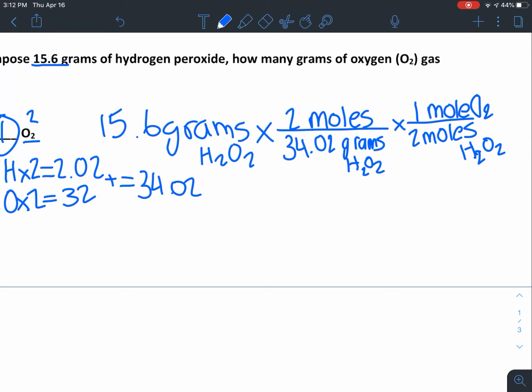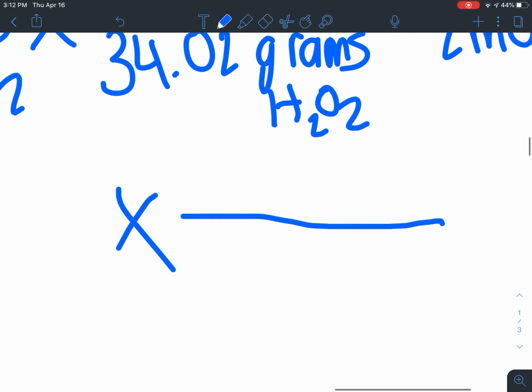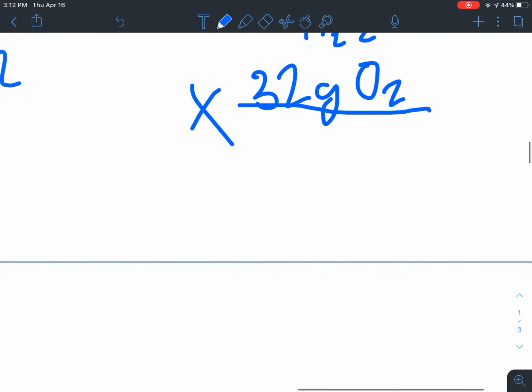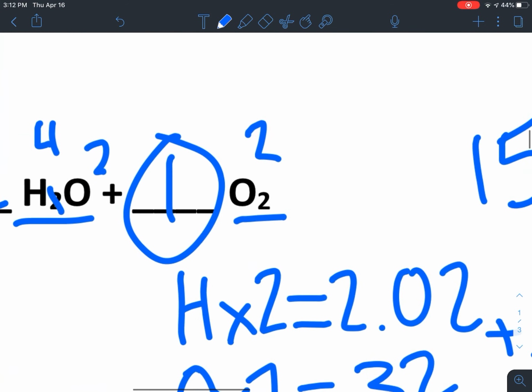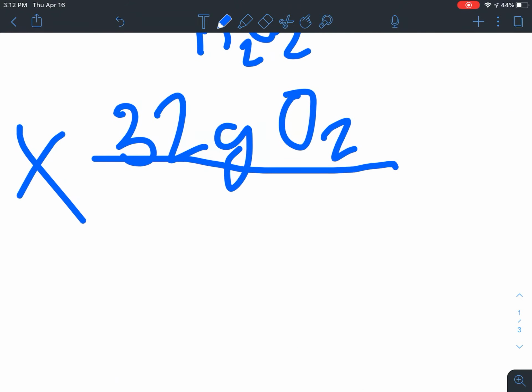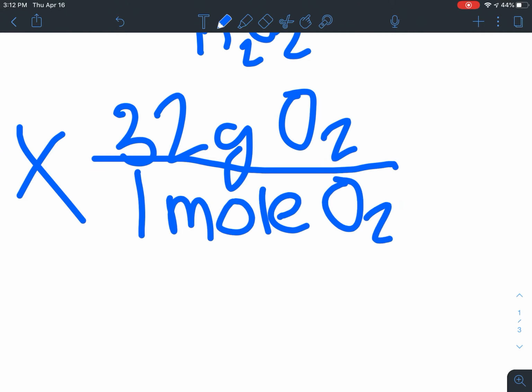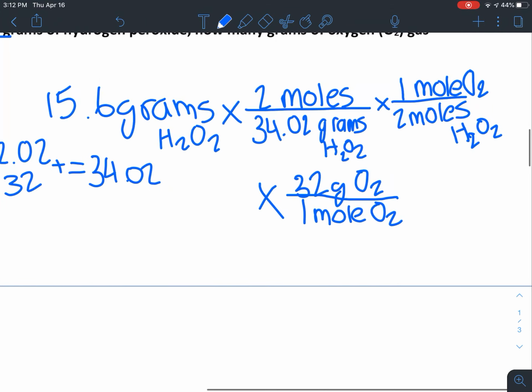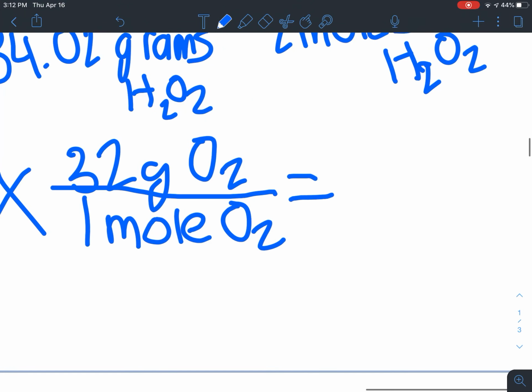Next, we have to multiply again and do 32 g of O2. Knowing that there is only 1 mole of oxygen to the second, we have to put 1 mole O2. Now we can figure out the rest of the problem.